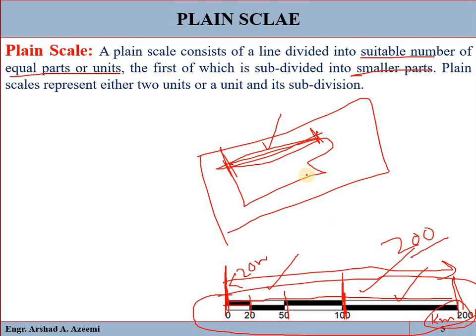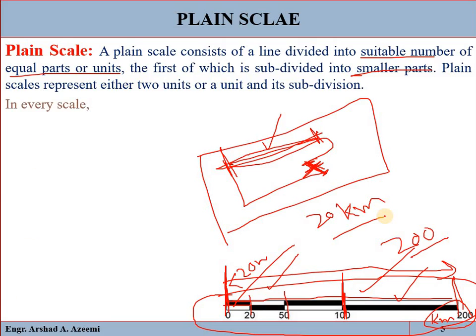And if you take this distance through the divider, transferring these dimensions, and suppose it is equal to this one, then this much distance in the drawing will be equal to 20 kilometer of the actual dimension.